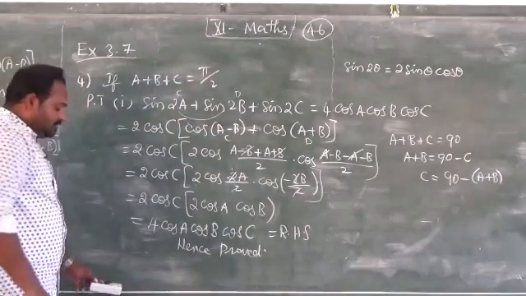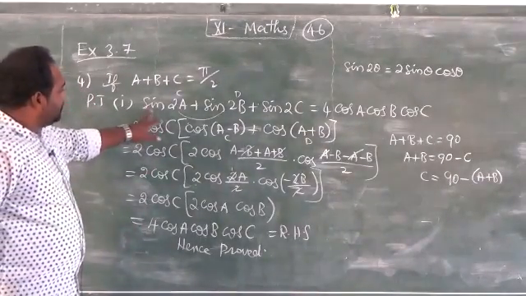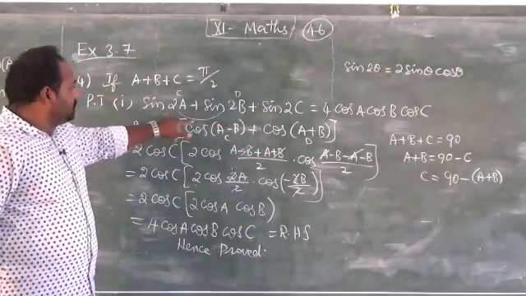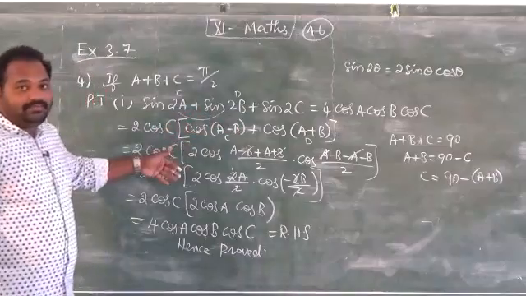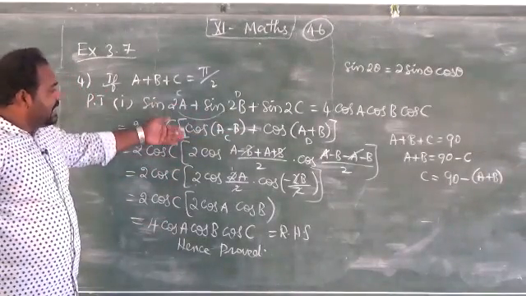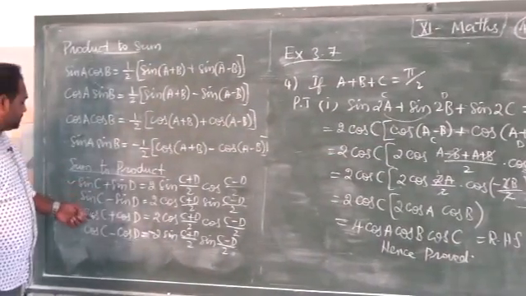proved. If you see the second subdivision, it is given cos 2A, instead of sin 2A, cos 2A, cos 2B and cos 2C. So here we have to use cos C plus cos D formula for next subdivision. This subdivision is over. Next subdivision, same method, same formula, cos C plus cos D formula. This formula we have to use.